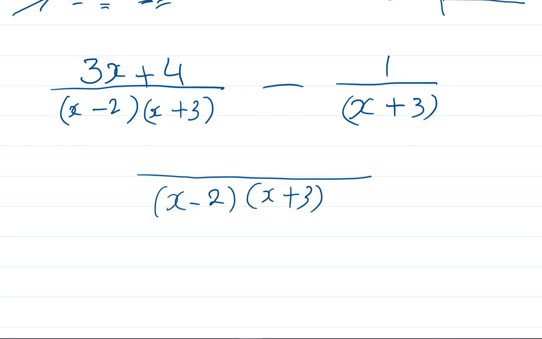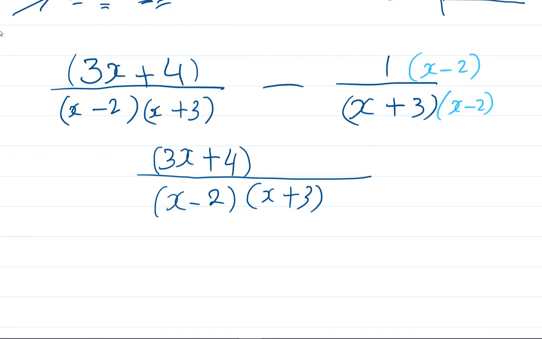This fraction will be multiplied by 1 and kept as it is, so I have 3x plus 4 as it is, no problem. And for this one, this time I'm going to multiply x minus 2 up and down.